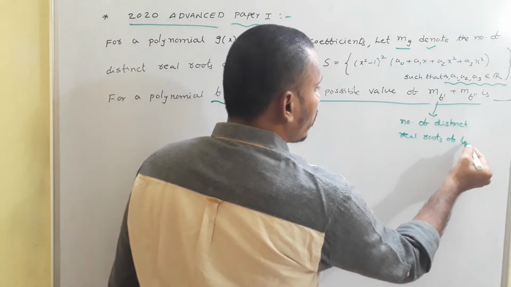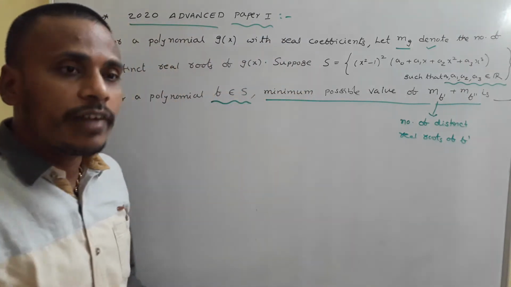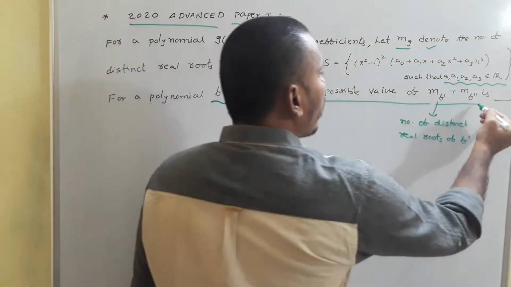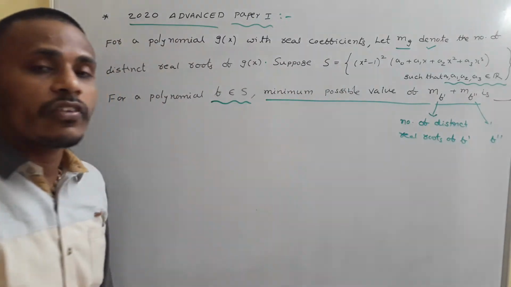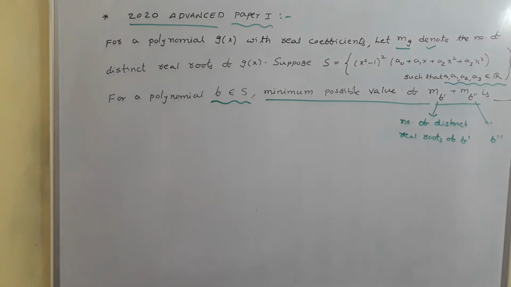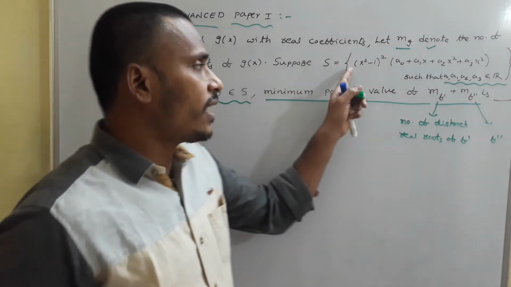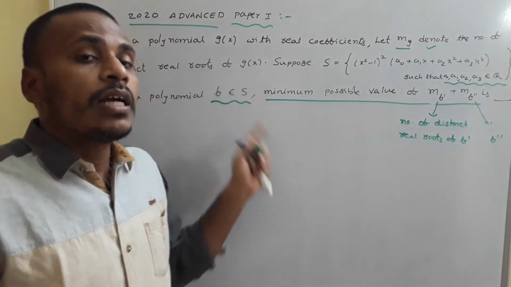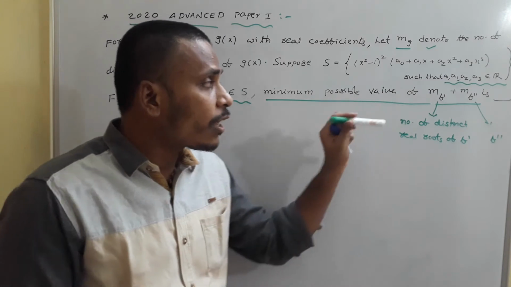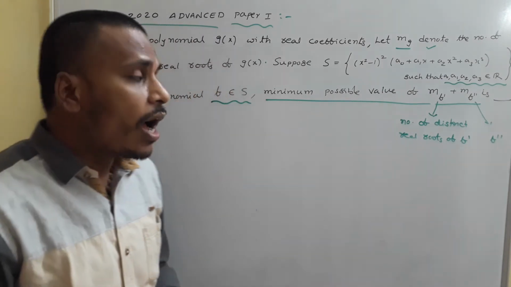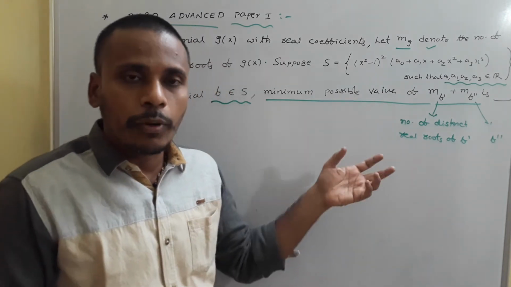Number of distinct real roots of f dash is mf dash. And in the same way mf double dash also, the same notation, number of distinct real roots of f double dash. If you have a polynomial f from this set S, then we need to count the number of distinct real roots of f dash as well as of f double dash, and add those numbers of roots.